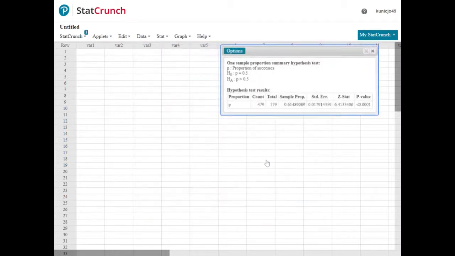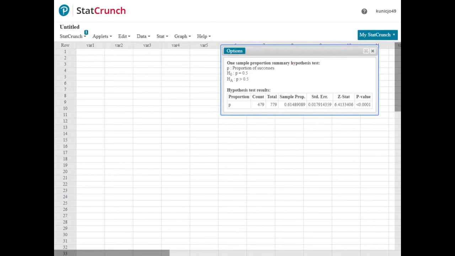So I compute. You can see the sample proportion. If you look at it, it's 0.61. The 61.5% were rejected. That's much greater than 50%. And you can see the p-value is really small. The p-value is less than 0.0001. That means 1 in 10,000. There's a 1 in 10,000 chance of being this remote.